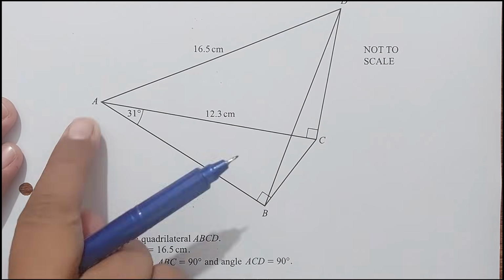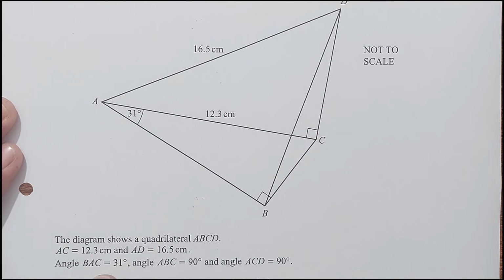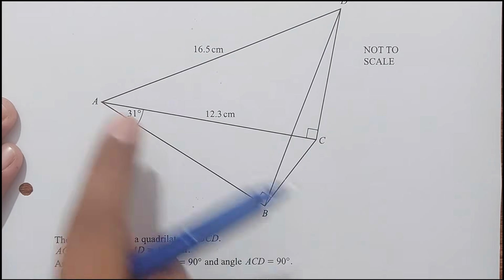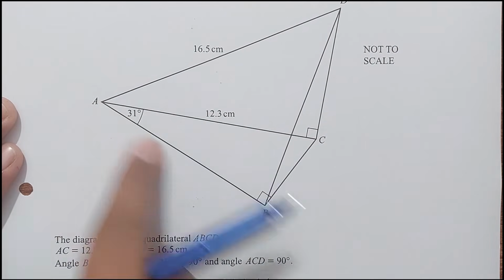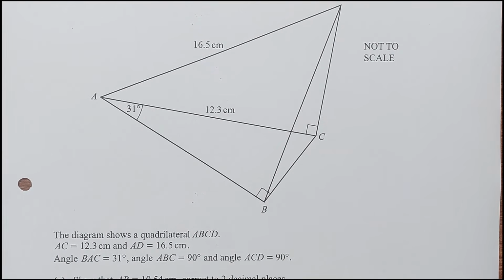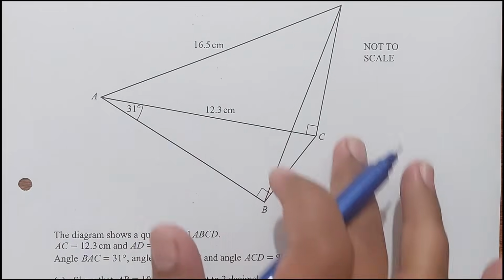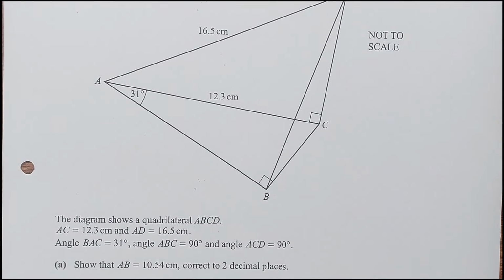Angle BAC is 31 degrees, and angle ABC is 90 degrees. If we consider ABC, this is a right angle triangle, and angle ACD is also 90 degrees, so ACD is a separate right angle triangle. Part A: show that AB is 10.54 centimeters, correct to 2 decimal places.